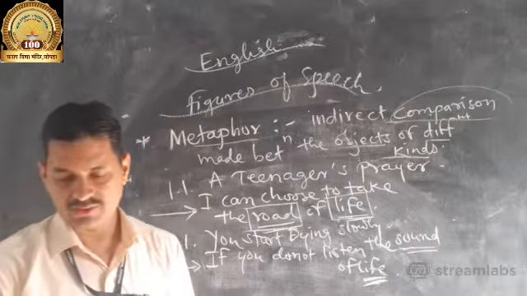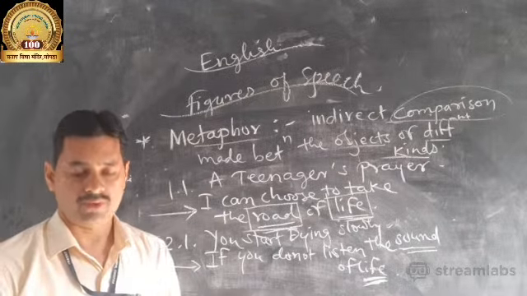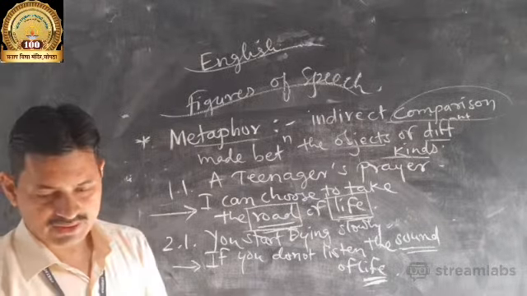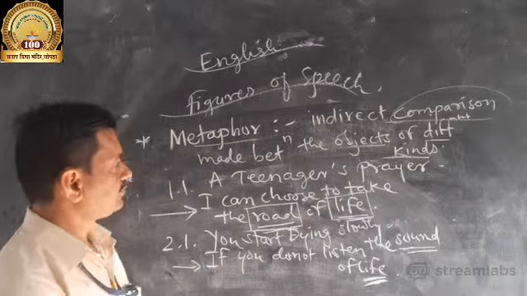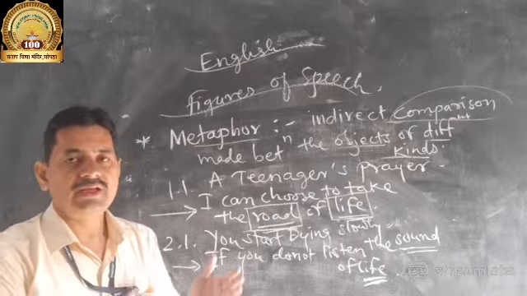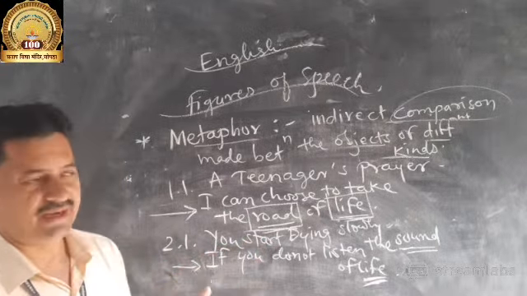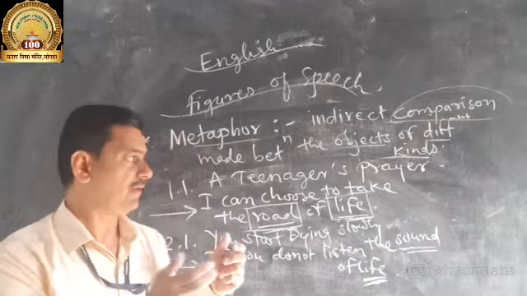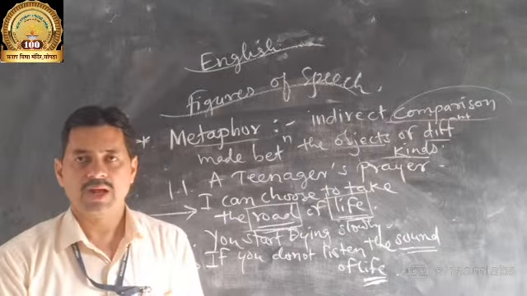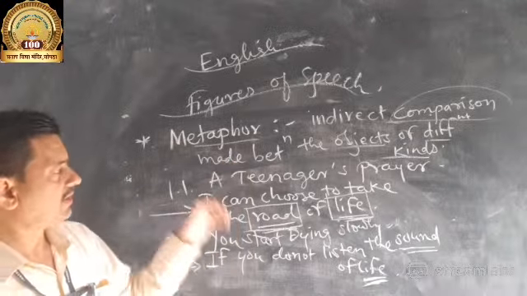Okay. So here, of course, I hope you have understood at least first alliteration, second repetition, and third metaphor. So you can find that it is very easy for all of us to identify alliteration and repetition, and though metaphor may sound hard, it is also easy.